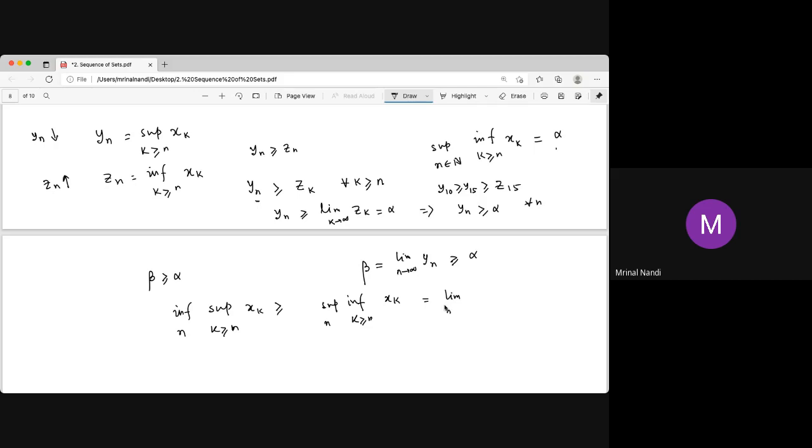You can easily check that this is lim-inf, and this is actually lim-sup. So the right hand side is lim-inf, and this is lim-sup. Taking the infimum and then the supremum gives the lim-inf, and taking the supremum first, then the infimum, gives the lim-sup.